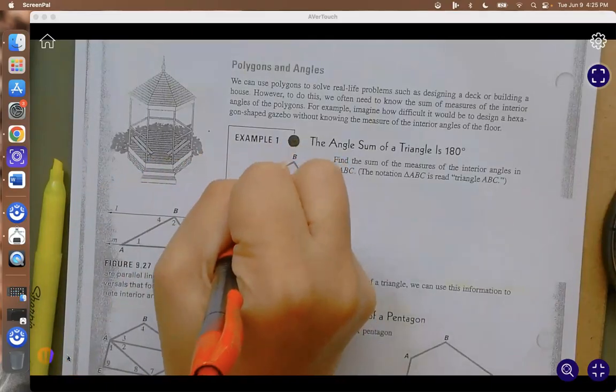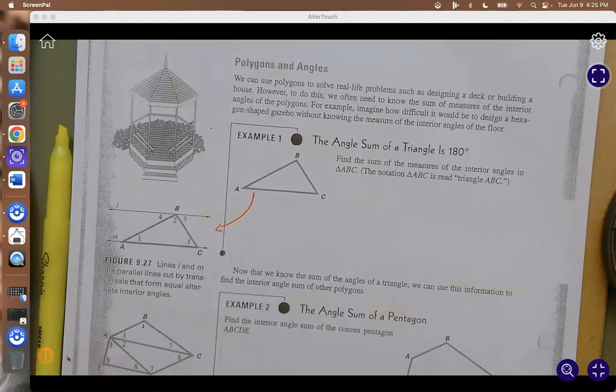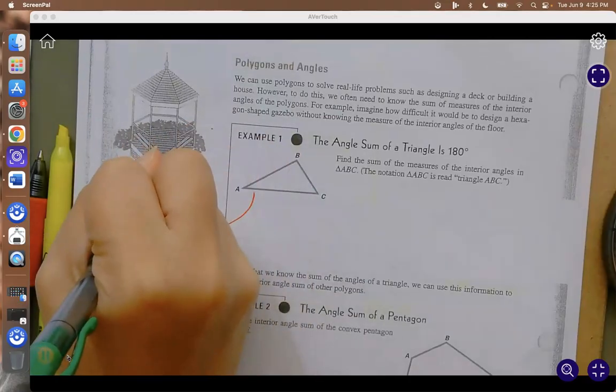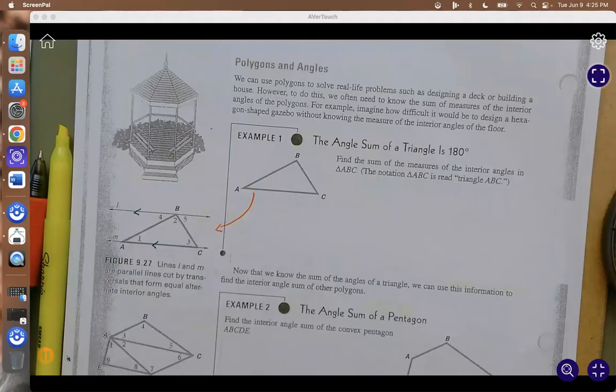And we're going to visualize using this down here. Find the sum of the measures of the interior angles of triangle ABC. Now, we know that this line and this line are parallel.